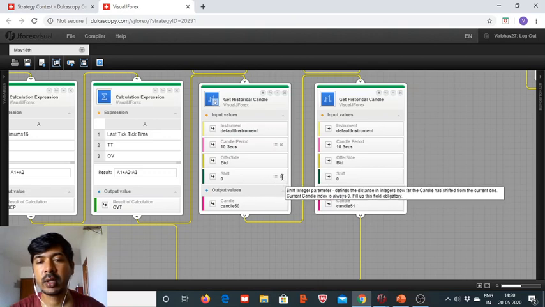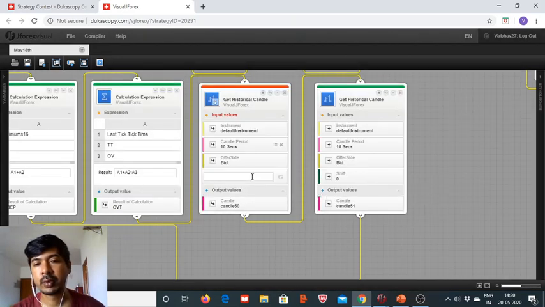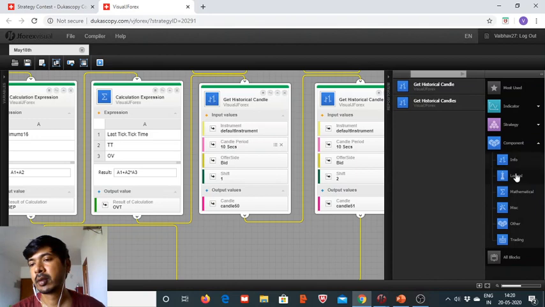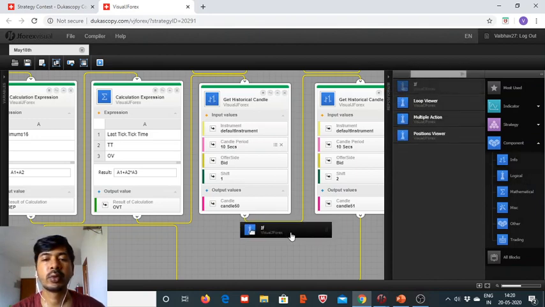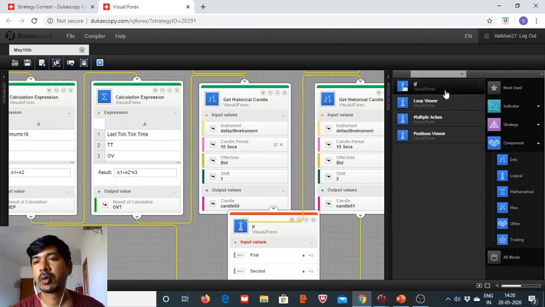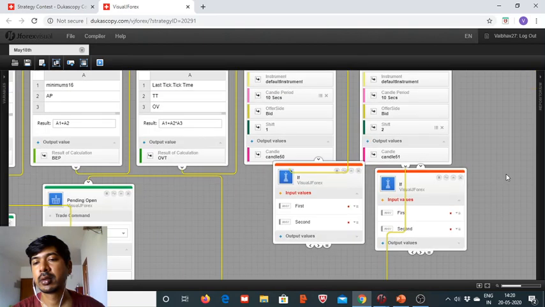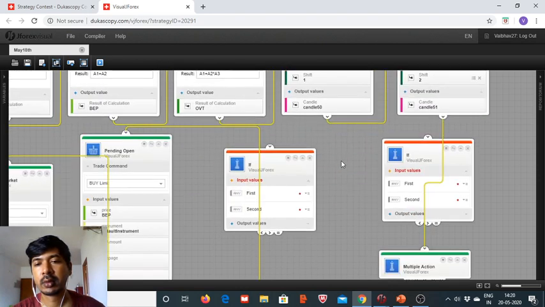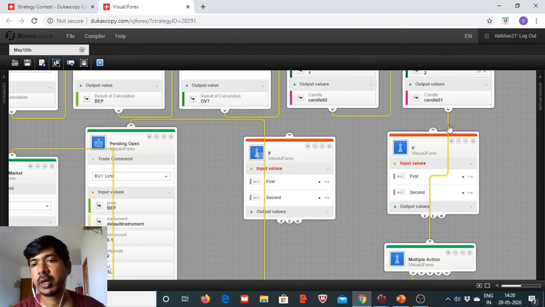One will be the shift 1, another will be the shift 2, and then we look at the closing prices for both these candles. This will be the trigger point actually.